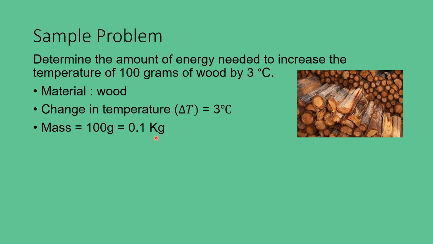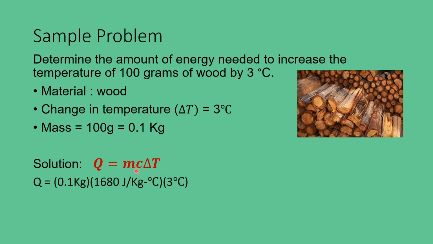To solve for this, all we have to do is simply use the formula Q = mcΔT. So all we have to do is to substitute the values of m and ΔT into our formula, and the c of our material, which is wood, has a specific heat of 1680 joules per kilogram degree Celsius. So Q is equal to 0.1 kilogram times 1680 joules per kilogram degree Celsius times 3 degrees Celsius.